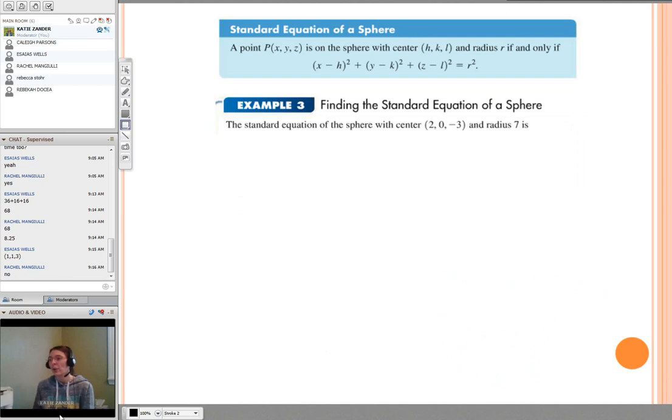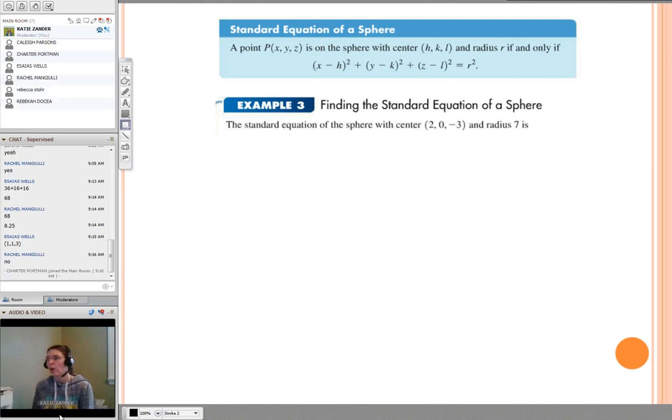All right, the next thing we're going to talk about is the equation of a sphere. If we go back to our geometry days, we definitely explored the volume of a sphere and maybe the circumference and the area, but we never really explored the equation of a sphere.